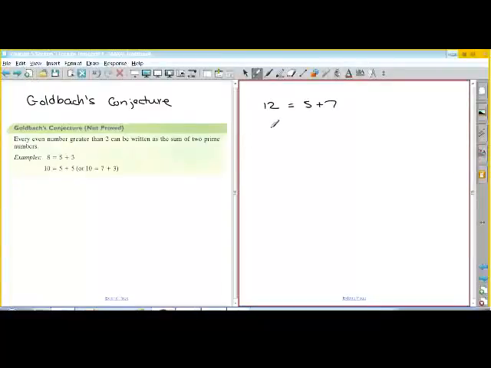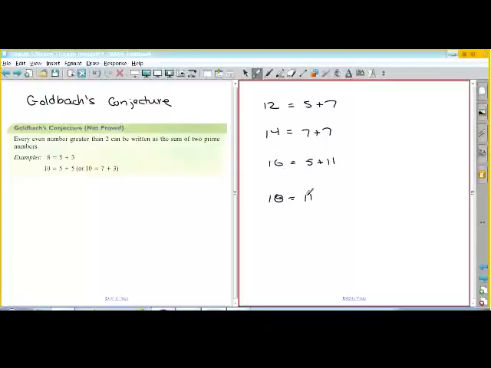So 12 can be the sum of 2 prime numbers, 5 and 7. 14 is the sum of 2 prime numbers. 16 is the sum of 2 prime numbers. So what numbers together added? 5 plus 11. Okay, so these are 2 prime numbers that add to 16.